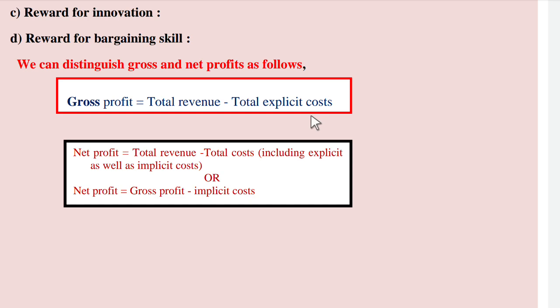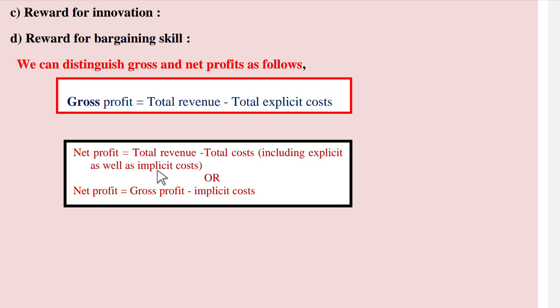And then the net profit. Net profit is equal to total revenue minus total cost, where the cost includes both explicit as well as implicit or imputed costs. We have already discussed explicit costs, so let us understand which kinds of costs are known as implicit or imputed costs.